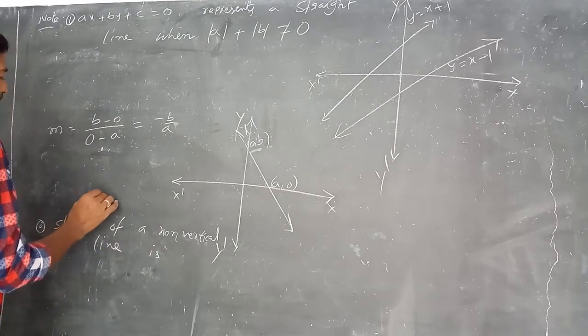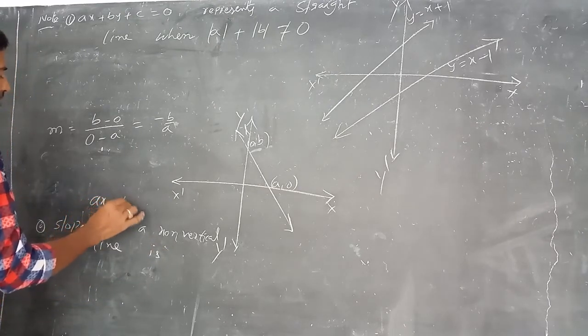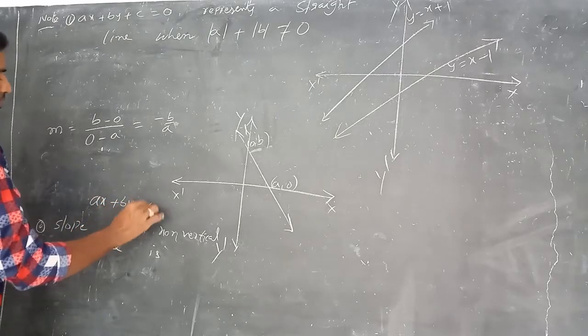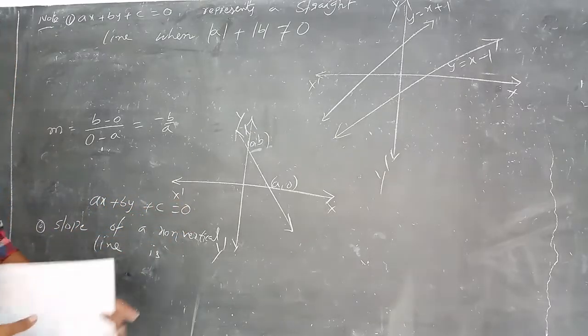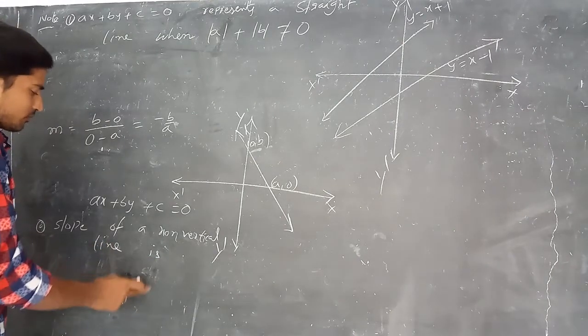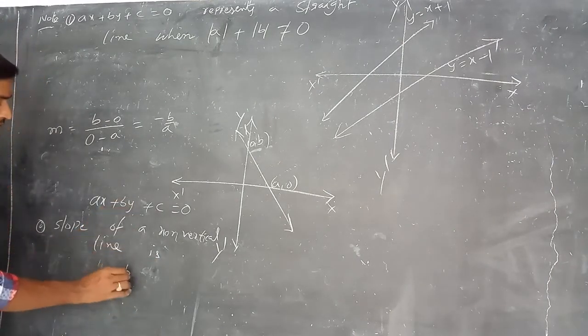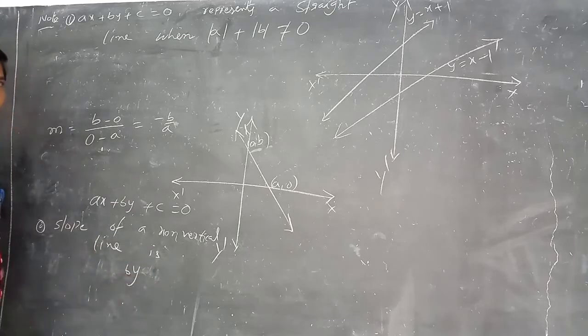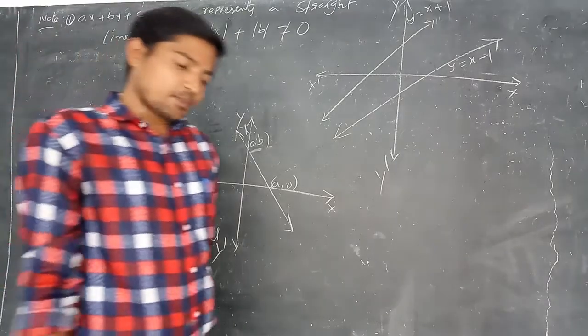Let us suppose that the non-vertical line is ax plus by plus c equal to 0. Write it as y is equal to mx plus c.